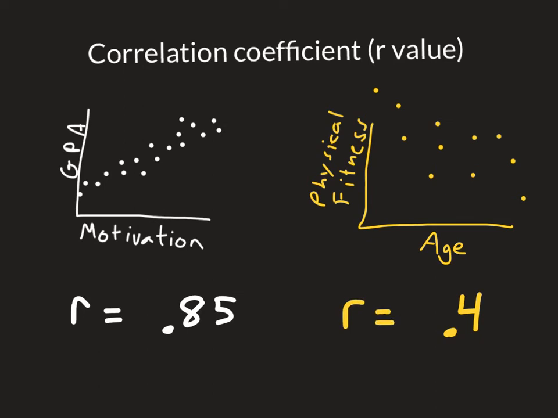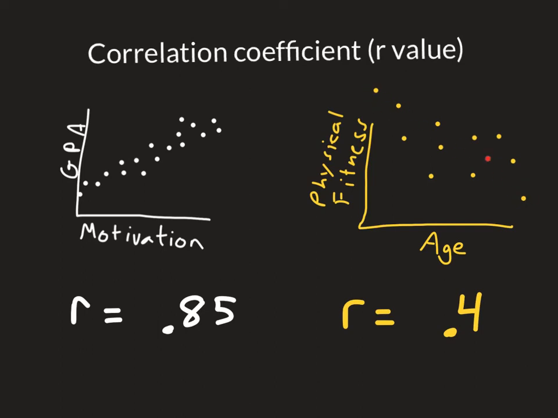Now here's the other thing we need to consider. An R value is going to be negative if the correlation is negative. So in the motivation versus GPA, this is going upwards. This is an upwards trend, so it's going to be a positive value of 0.85, positive 0.85. However, in the age to physical fitness, that is a downward trend or a negative correlation.